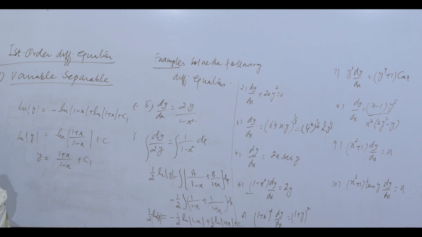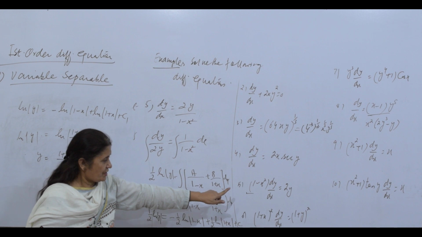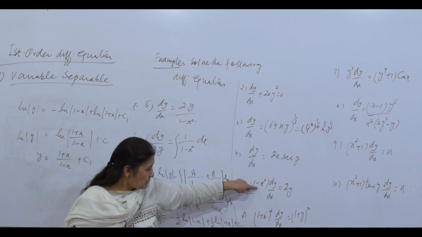You can have any constant. The natural log is cancelled. So this will be the solution of the differential equation, because you can have the partial fraction.